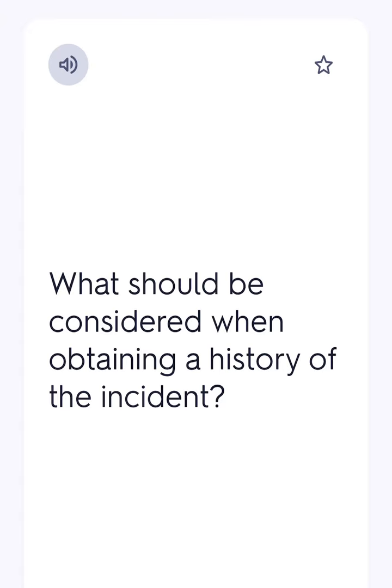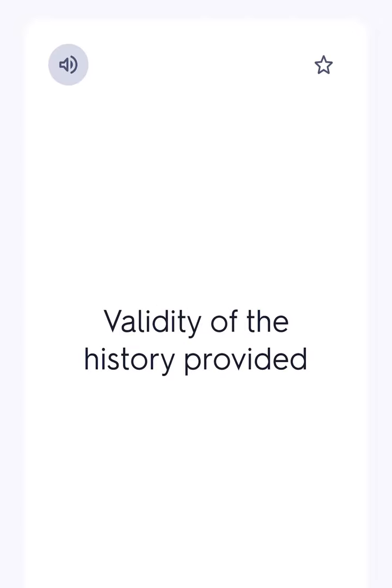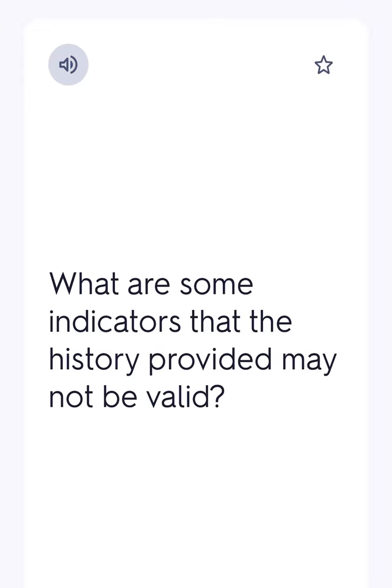What should be considered when obtaining a history of the incident? Validity of the history provided. What are some indicators that the history provided may not be valid?